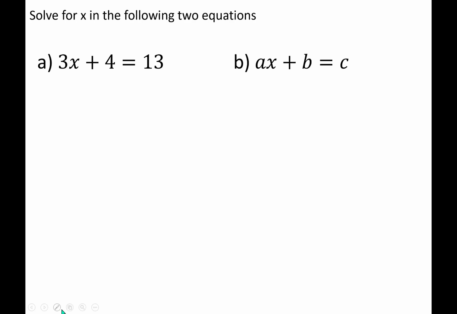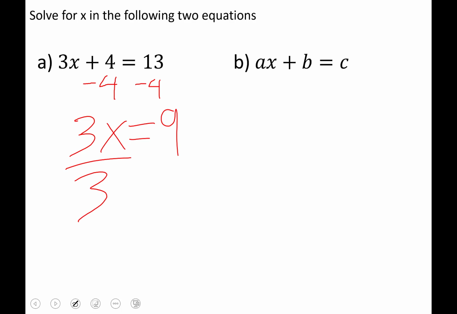Looking at this first equation over here, I'm going to subtract 4 on both sides of my equal sign, which gives me 3x equal to 13 minus 4, which is 9.